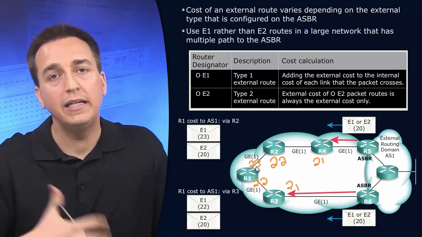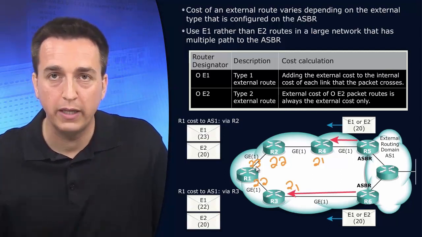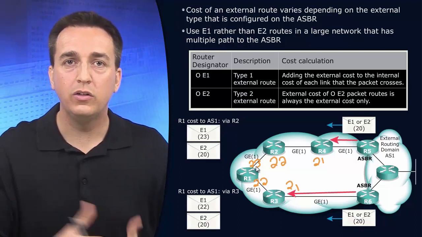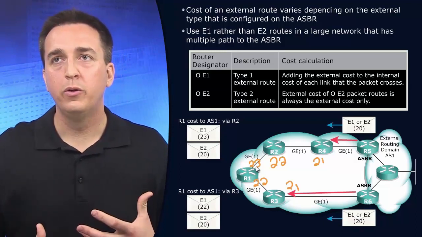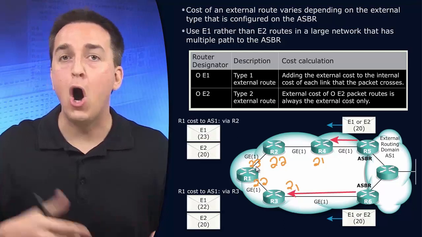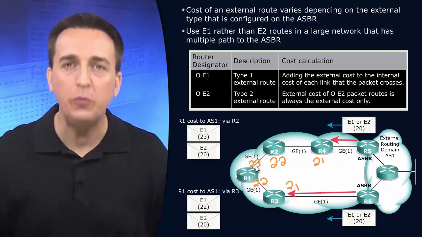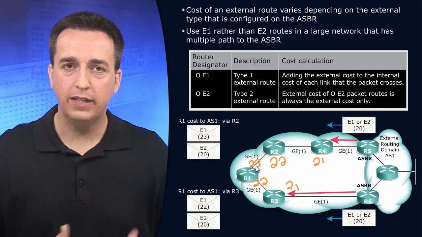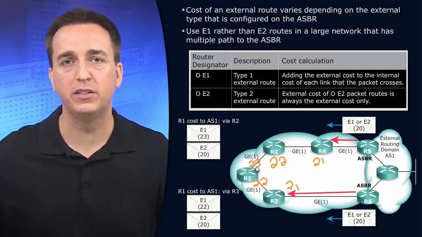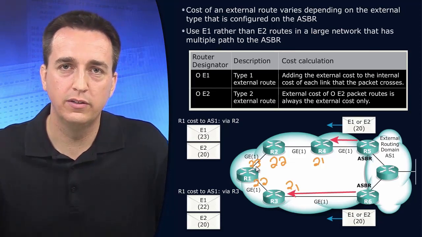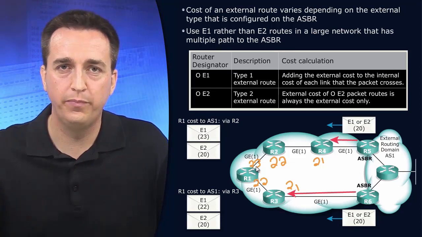So now, based on the external metrics and the internal metrics, you can have your router perform optimal routing based on the overall cumulative cost to get from itself to that autonomous system boundary router, in addition to the metrics that are used at the entry point.